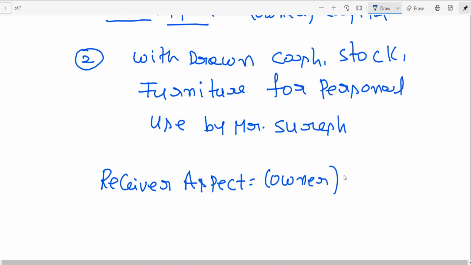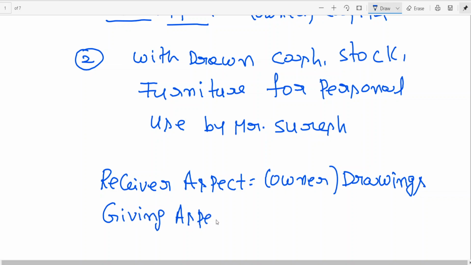Whenever the owner is withdrawing something, we need to use the term drawings. Then the giving aspect: who is giving? Business is giving. Something is going out from the business, or something is being received by the business, so we use the term receiving aspect or giving aspect.